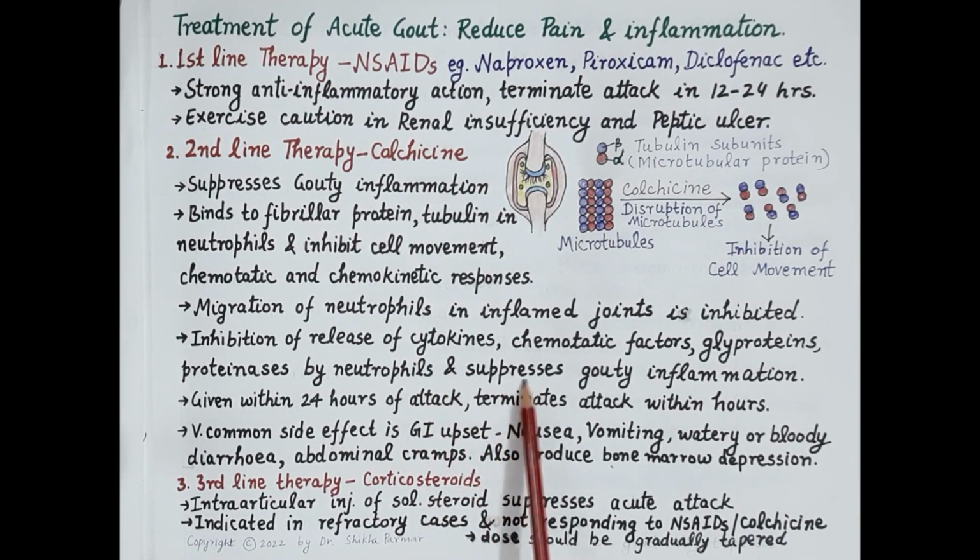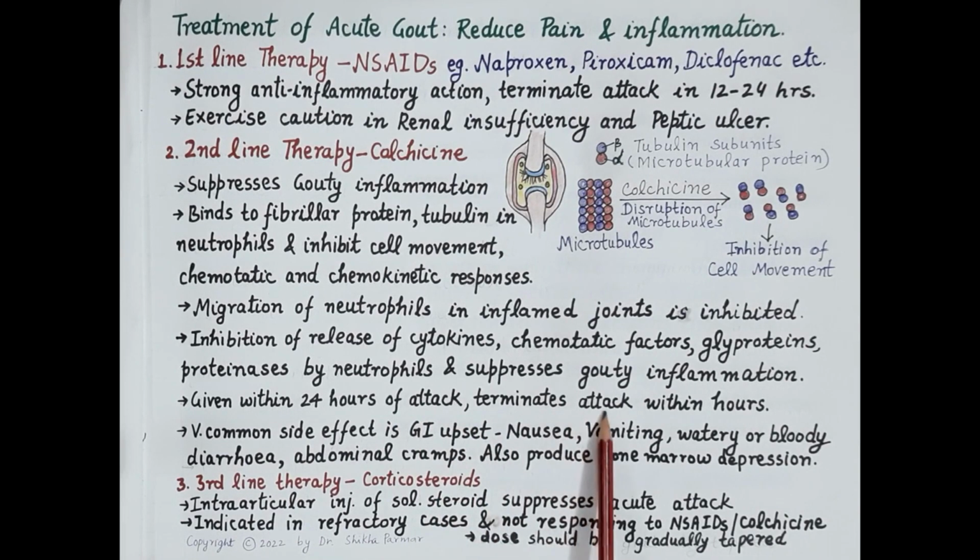So, this causes suppression of gouty inflammation. So, now neutrophils can no longer aggravate and enhance the inflammation. Now, unlike NSAIDs, colchicine is fast acting. If it is given within 24 hours of acute attack, colchicine terminates the acute attack within hours.